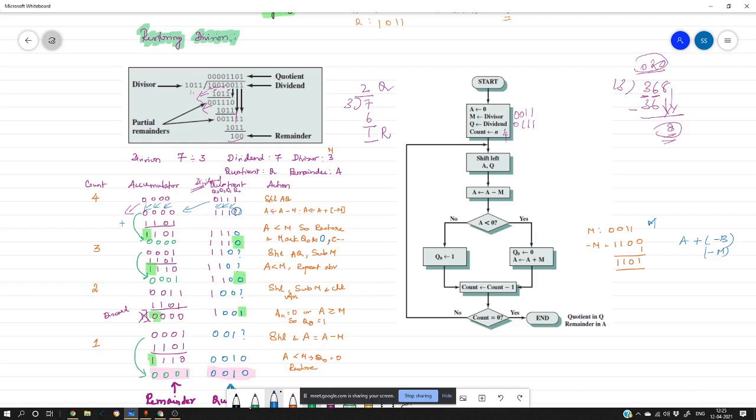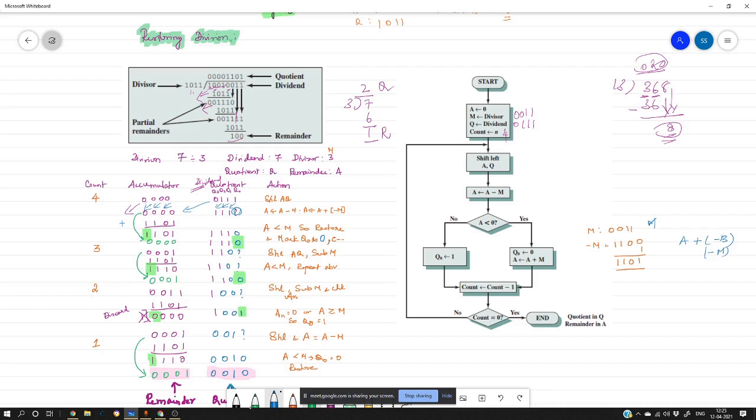So what does this result mean? This result means that the answer is negative, which means that the bits considered now in the dividend are lesser than the divisor. We have subtracted the divisor from the actual dividend; this whole thing comprises the dividend.